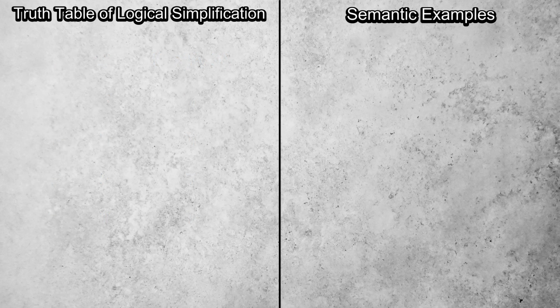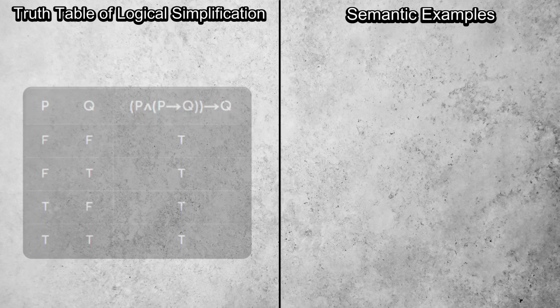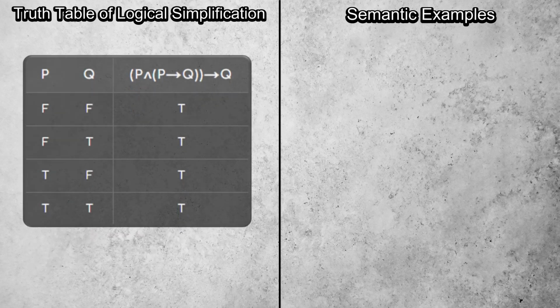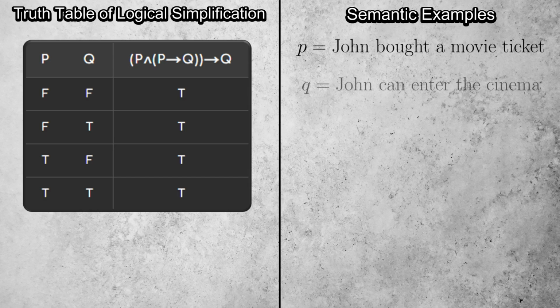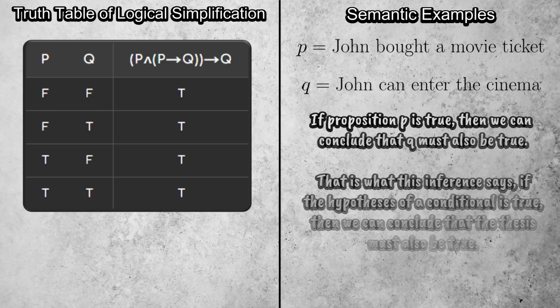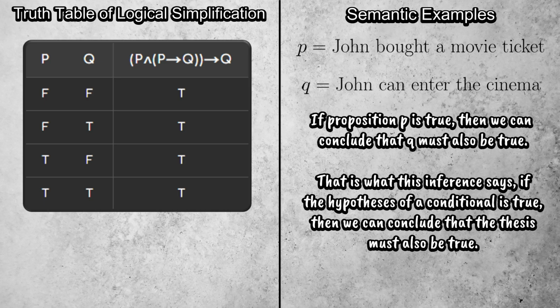Let us consider the next inference rule, modus ponens. P and P then Q implies Q. Consider the propositions John bought a movie ticket, denoted by P, and John has the right to enter the cinema, denoted by Q. The proposition P implies Q states if John bought a ticket, then he has the right to enter the cinema.